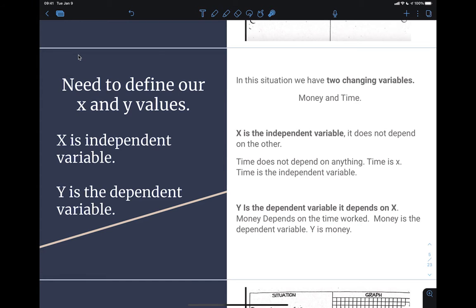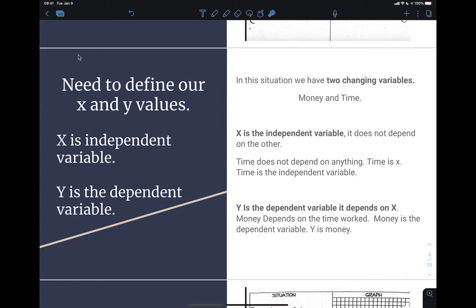X, the independent variable, does not depend on anything. It's independent. Time will always be independent. It's always going to keep happening. So x is our time.